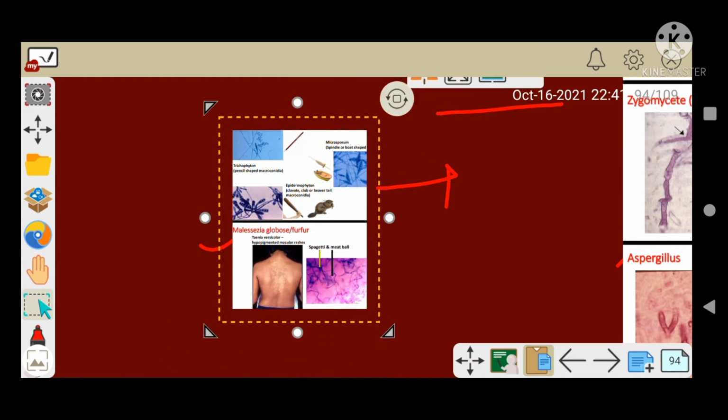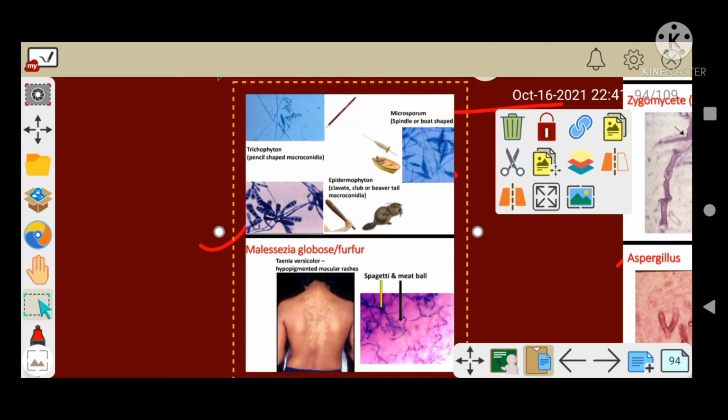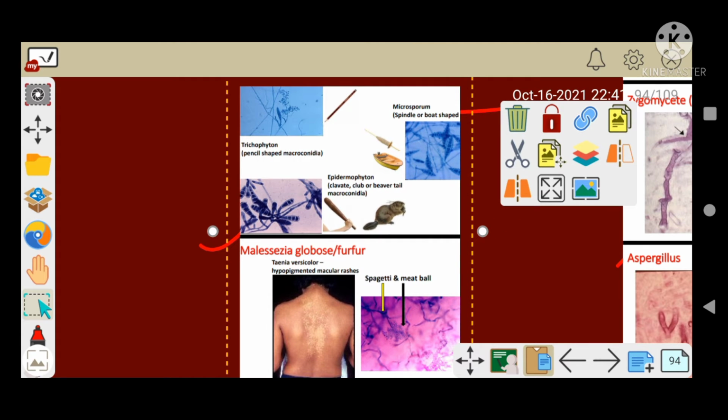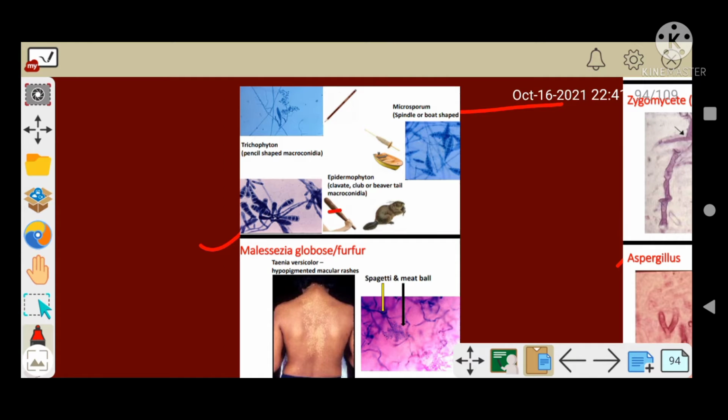Okay, so next is this one. So there I tried to show you epidermophyton, trichophyton, microsporum. Don't worry, it has not been asked, just to show you. These are Malassezia globosa. Now this one has been asked, right?